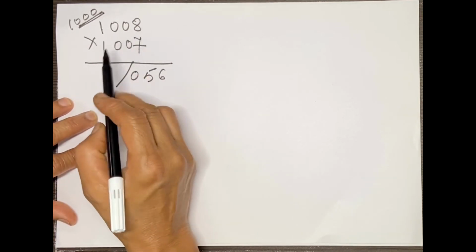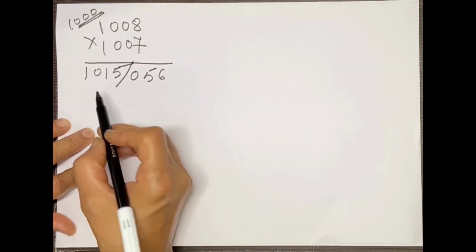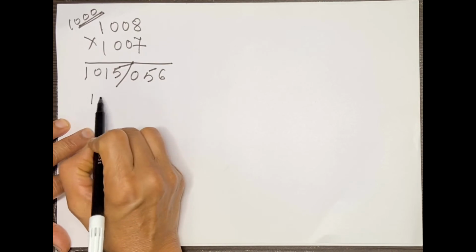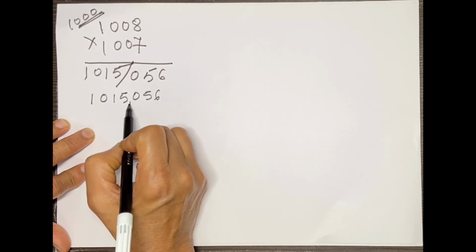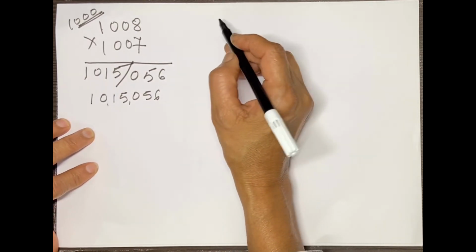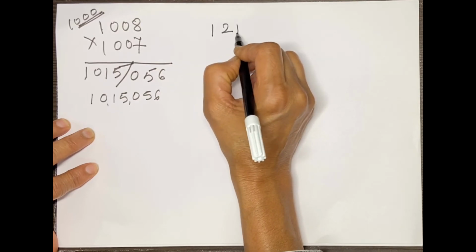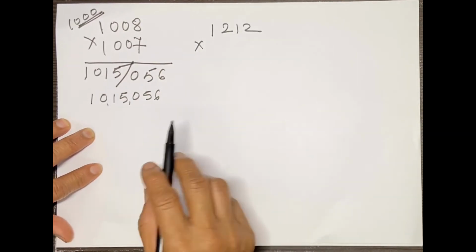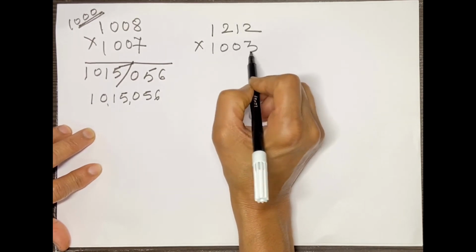Now 1008 plus 7 is 1015. So our answer is 1015056, 10 lakhs 15,056. Some more examples like this. 1212 into 1003.